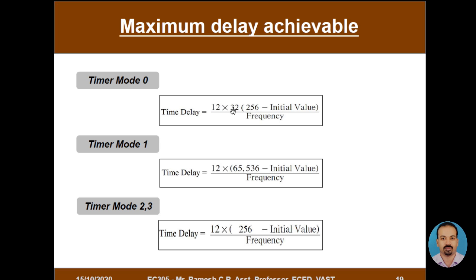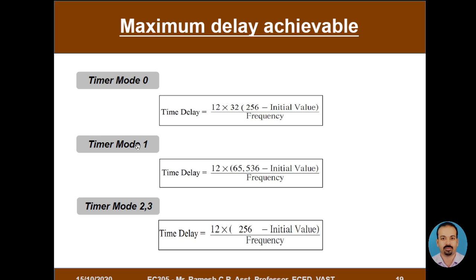So 12 into 32 means 384 times. The final value is 256, and the initial value is the value that you load to the THx register. So 12 into 32 times 256 minus the initial value, divided by frequency, will be the maximum delay that I can achieve in mode 0.